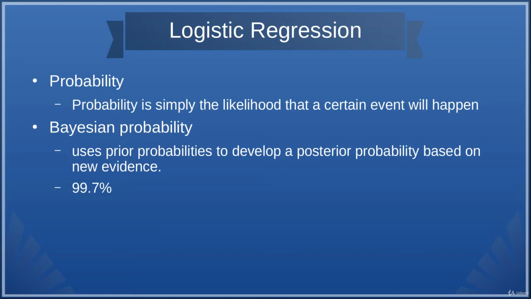And so what happens is that as new data comes in, Bayesian probability is able to adjust the probabilities that it's making. One famous example is that a few years ago, I believe in 2016, during the Super Bowl, which is a famous sports event in America, one team, I believe the Atlanta Falcons, had a 99.7% chance of winning at that particular moment, based on the number of points they were ahead, the amount of time left in the game, etc. But despite this high probability, the opposing team, which I believe was the Patriots, was able to find a way to overcome these odds.